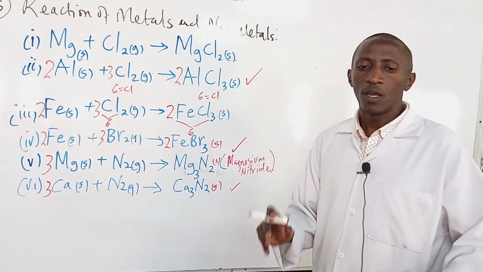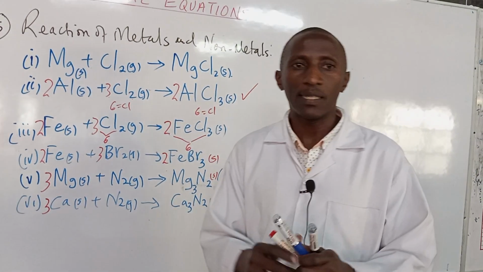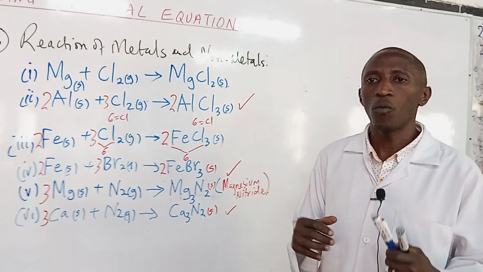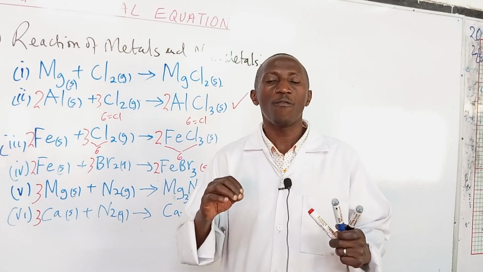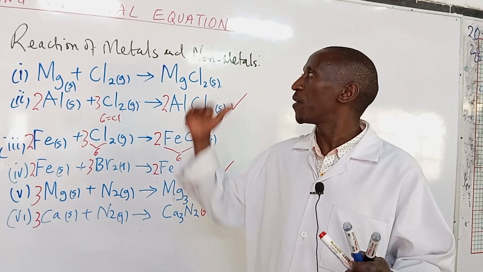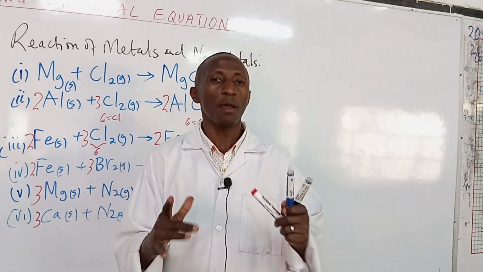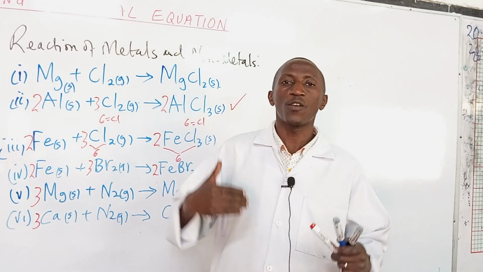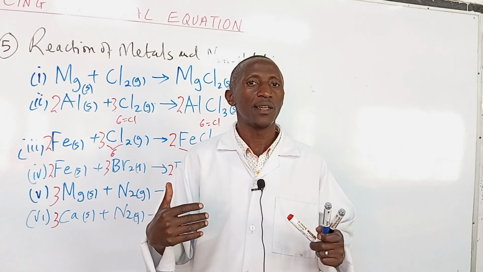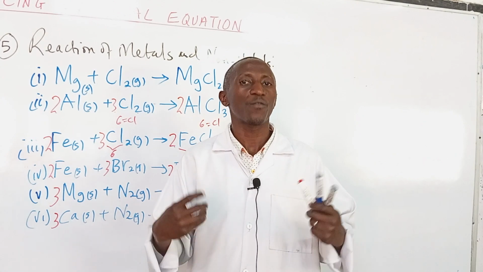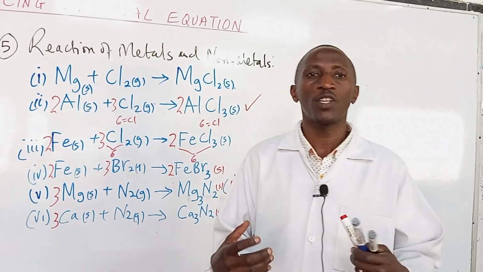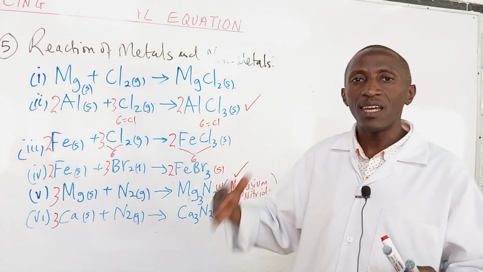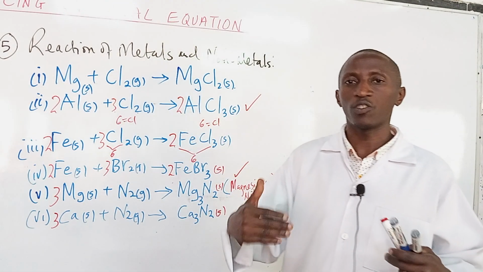And that way, this is calcium nitride. So viewers, this is just one lesson that takes us through the works of Form 2 chemistry in terms of balancing chemical equations. Remember, we shall not stop at this one, because there will be more equations in Form 3 involving our compounds of carbon, involving organic chemistry, and further chemistry in Form 4, whereby the skill that you have learned will also be used there.